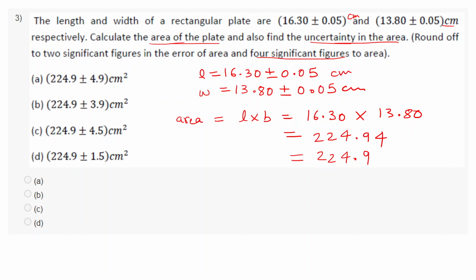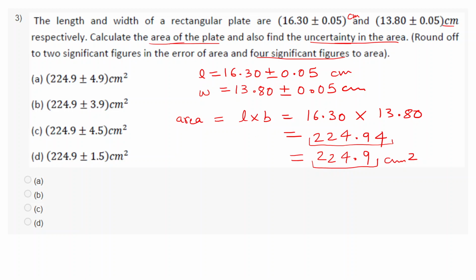This 0 is significant, if you remember, it's coming after the decimal point, so this is significant. So this has four significant figures, this also has four significant figures. So for the final answer, although with the calculator I am getting it like this, I should report it with four significant figures. So my answer of area will be 224.9 centimeters square.